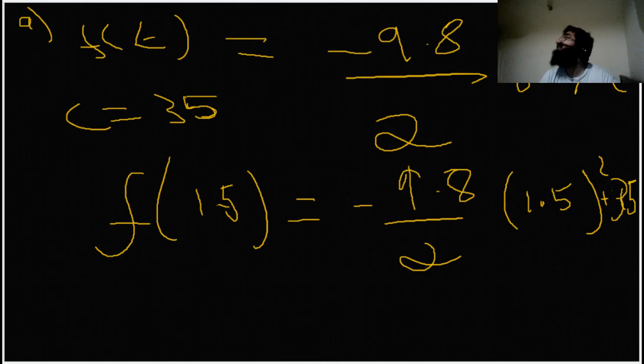One second. C is 35 and f of 1.5, we have written that, minus 9.8 by 2 into 1.5 squared plus 35. What answer did you get?